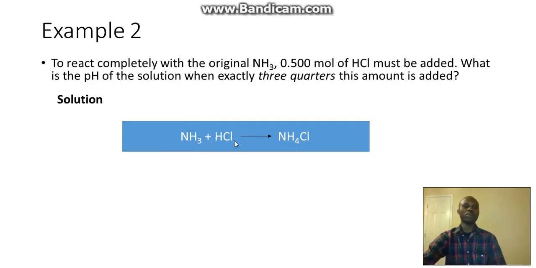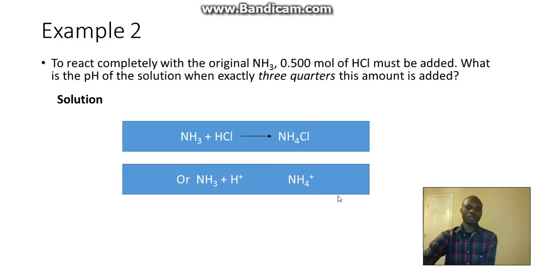Both of them are in the aqueous solution to form NH4Cl. This is a salt. Or if you want to get rid of this Cl, you can have a situation where the base here reacts with acid to form a conjugate acid.